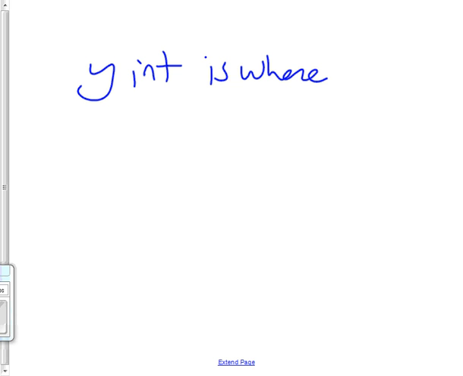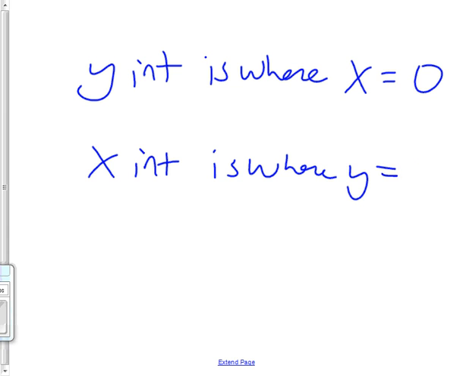X equals 0. And the corollary to that, which goes right with it, would be what other logical statement? The x-intercept, yes, is where y equals 0.